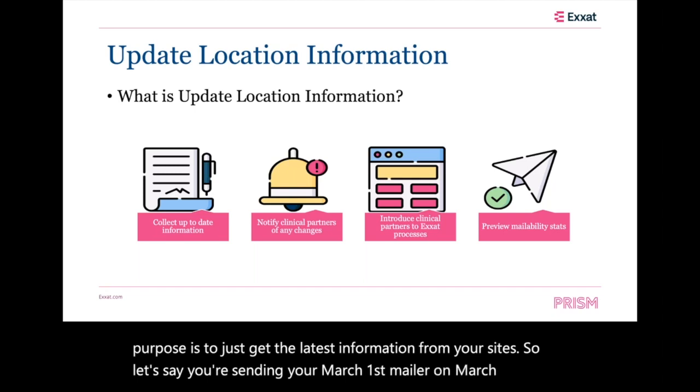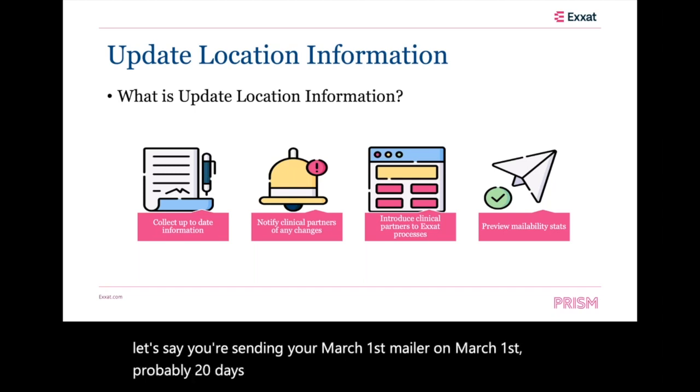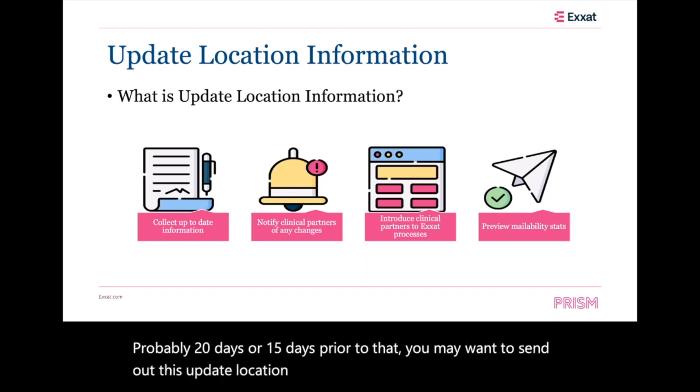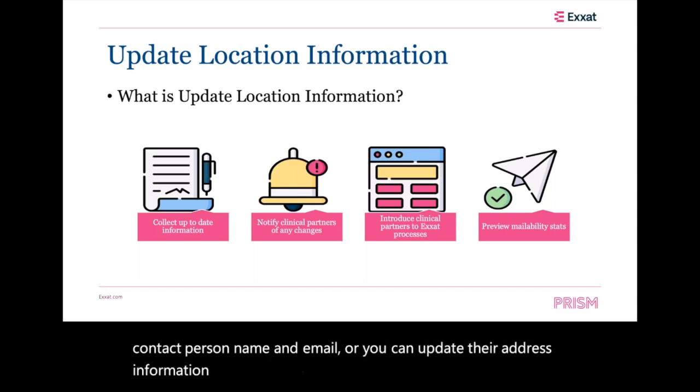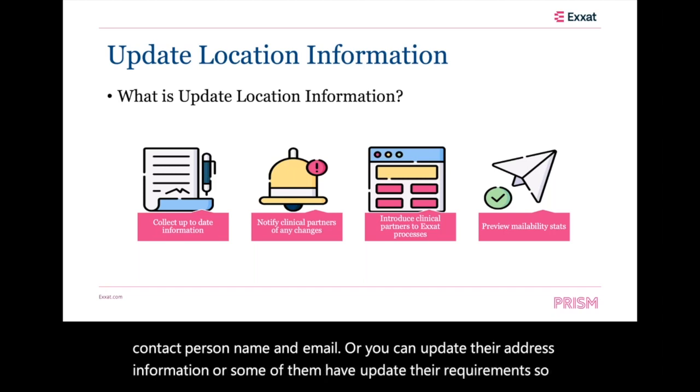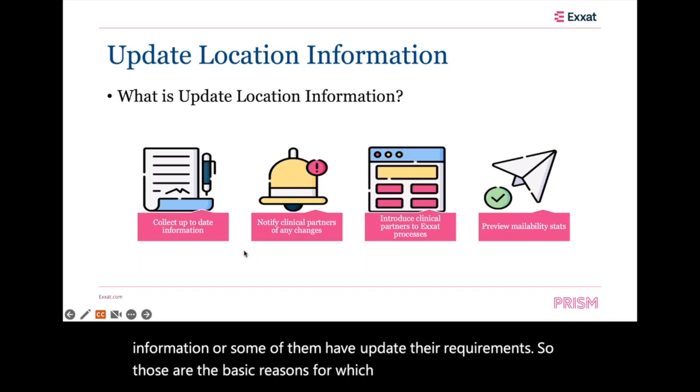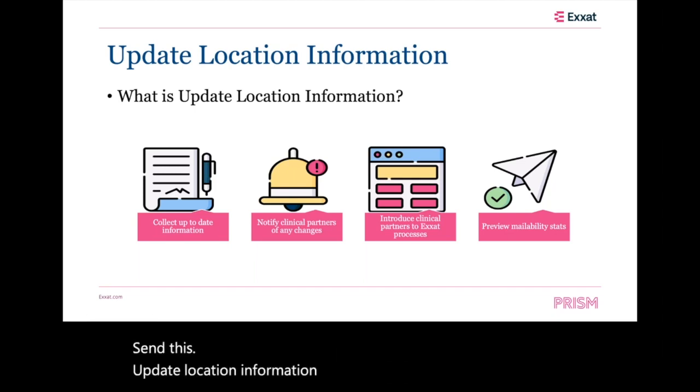Probably 20 or 15 days prior to that, you may want to send out this update location information request so that you get their latest contact person name and email, or you can update their address information, or some of them have updated their requirements. Those are the basic reasons you may want to send this request.